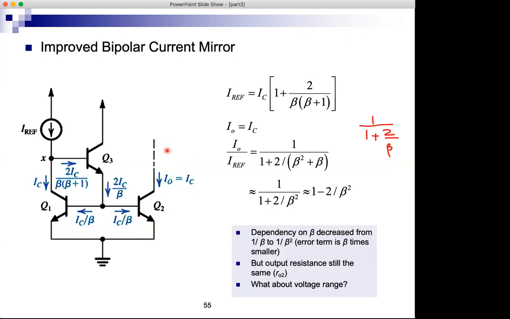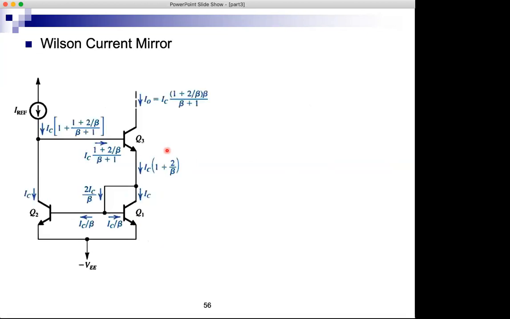Can we improve the output resistance as well? Back in the 70s, I think, this was a challenge.